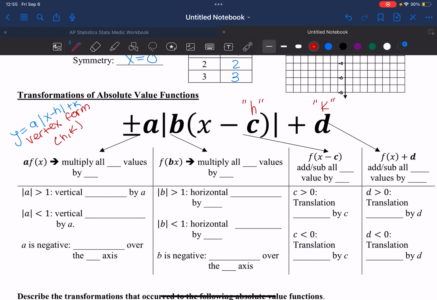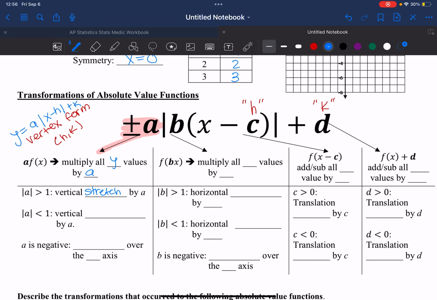So starting off with a, whatever value of a, that is going to multiply all the y values by a. So that a there is going to multiply the entire equation by a. If our absolute value of a is greater than 1, we're going to have a vertical stretch by a.